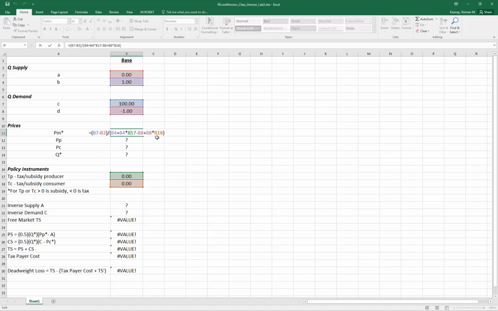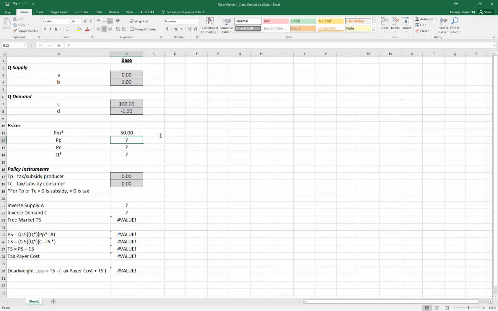But it's pretty easy to get a sign wrong or get a bracket wrong, and I don't want us to spend a lot of time programming this, because when you see the handout this week, I want you to get through some experiments and see what you can uncover on what it means that B4, the supply slope, or B8, the demand slope, is being multiplied by these tax variables. How does that play out when we solve this? So that's already given to you.